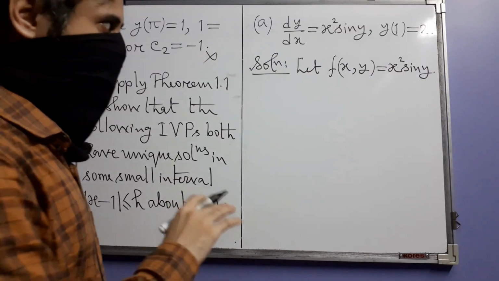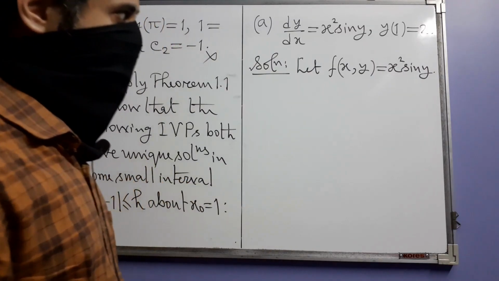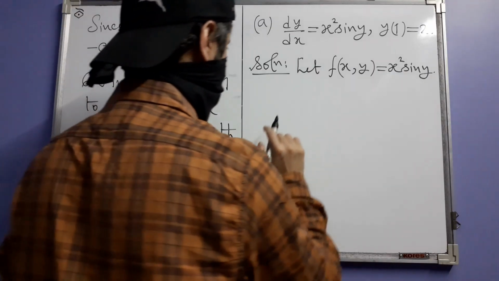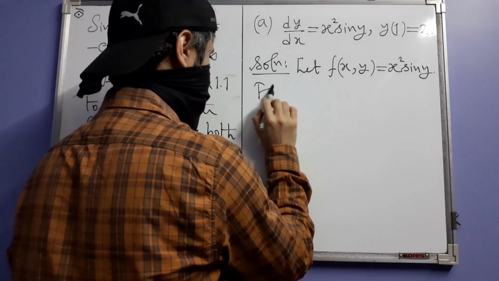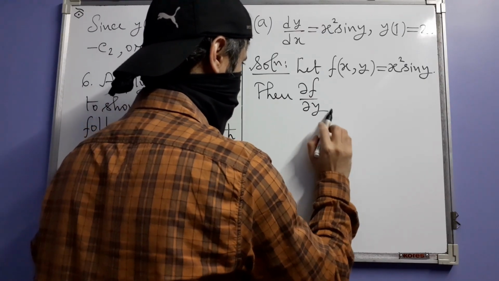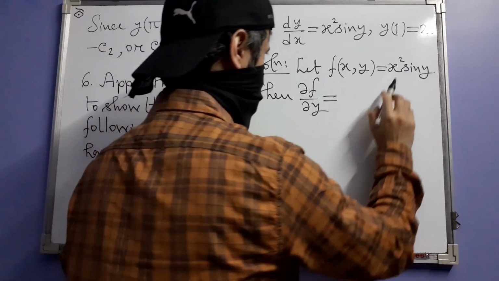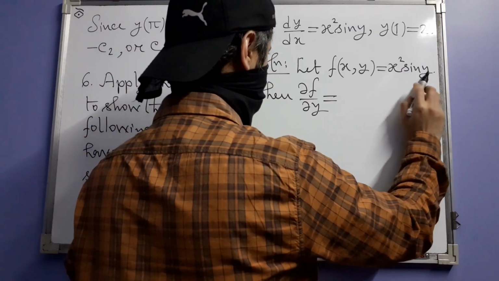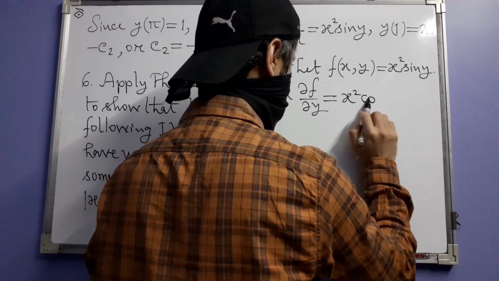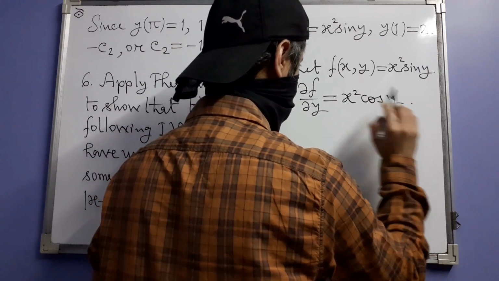So now we not only have to say something about f, but its partial derivative with respect to y. So let's calculate the partial derivative. It's pretty easy. So only this gets differentiated with respect to y. X squared remains as it is. So that you get cos y.